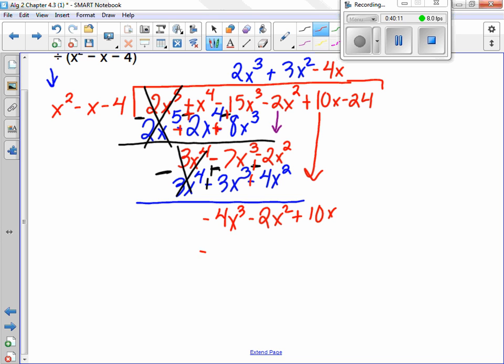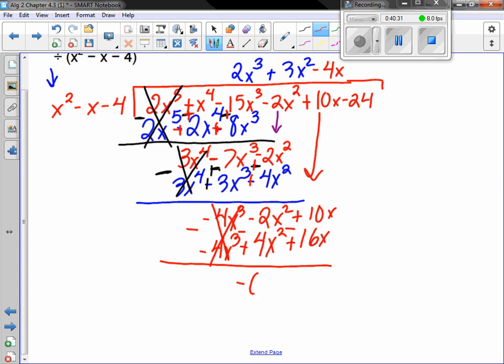Negative 4x times x squared would be negative 4x cubed. Negative 4x times negative x would be plus 4x squared. And negative 4x times negative 4 would be plus 16x. And again, we would subtract. These two here would cancel. Negative 2x squared minus 4x squared would be negative 6x squared. 10 minus 16 would be negative 6x.